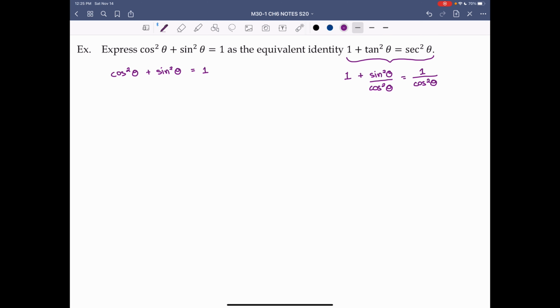So I see that I have a denominator of cos squared theta in 2 of the terms over here. So I'm going to multiply all of this expression by 1 over cos squared theta so that I can get that same denominator.